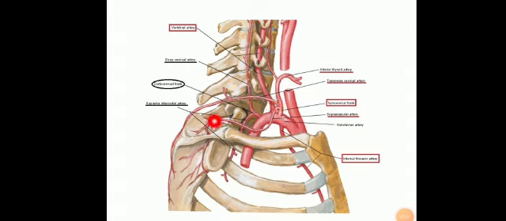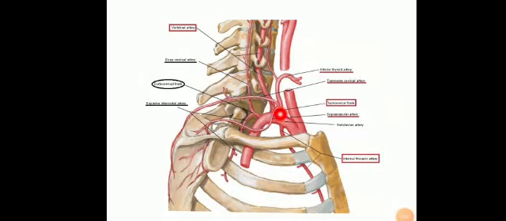The suprascapular artery participates in the anastomosis around the scapula and supplies supraspinatus and infraspinatus muscles. Again, the first part gives rise to three arteries. This artery which ascends upward is known as vertebral artery. This artery which descends into the thorax is internal thoracic artery.